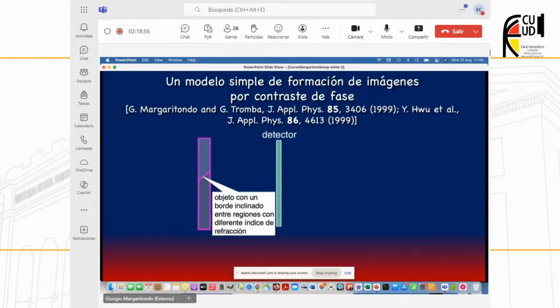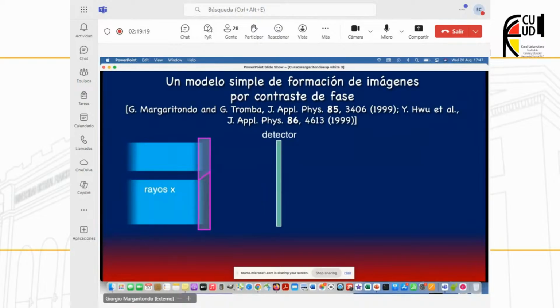Suppose that you have an idealized object in which there are two regions with different X-ray refractive index, and then you're going to get a slanted edge that separates the two regions. Now we have a detector, and we are trying to get images by sending radiation, X-rays. Now, first of all, you can see that for regions that are not interacting with the edge, you get nothing.